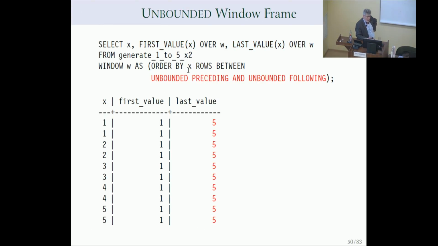If I take this and I go into rows mode, that's what I wanted to see, right? Now I can see the 5 value, which is what I expected to see all along, okay? Which effectively is the last value now in the window frame, because I've opened the window frame up to be the full size of the partition. All right.